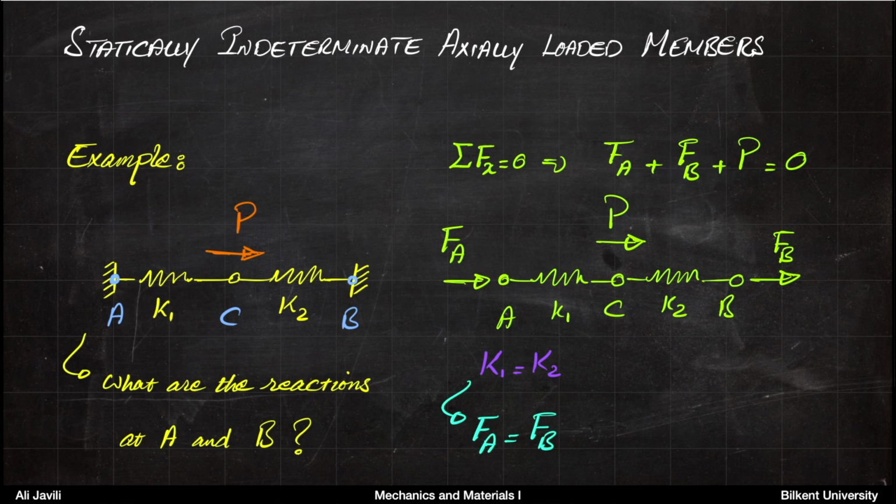Again, we don't know the answer yet, but due to the particular structure and the symmetry of the structure, you can imagine if K1 and K2 are equal, then the forces FA and FB should be equal. There is no reason they shouldn't be equal.